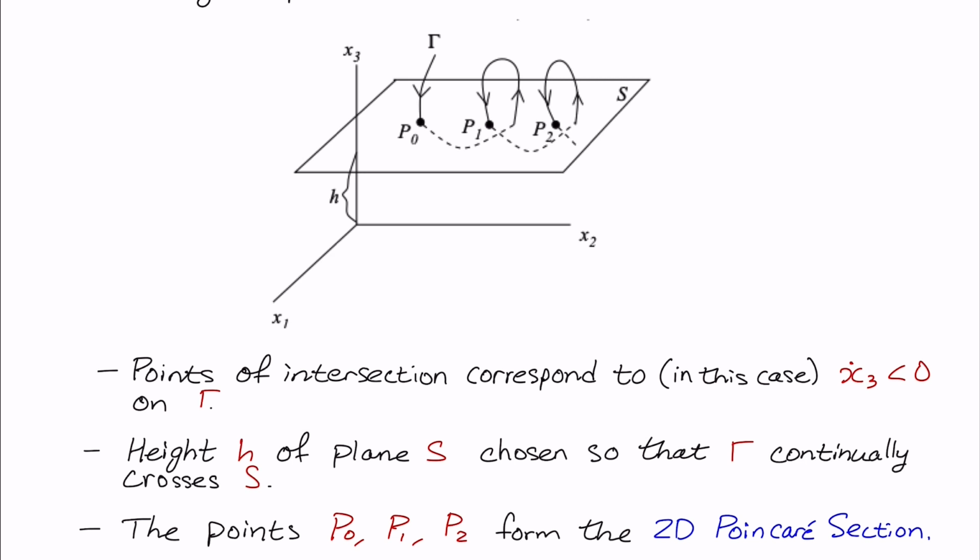So then the points P0, P1, P2, and P3, and so on, form this 2D Poincare section, or the 2D Poincare map.